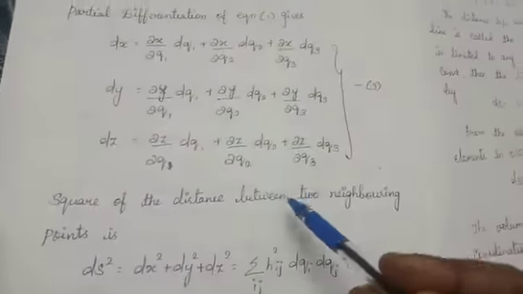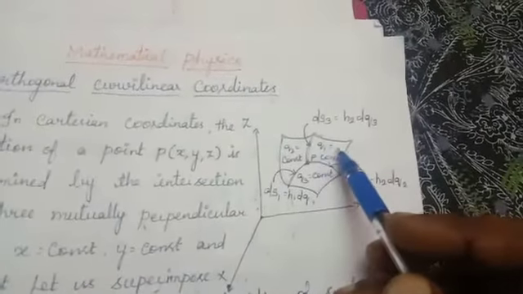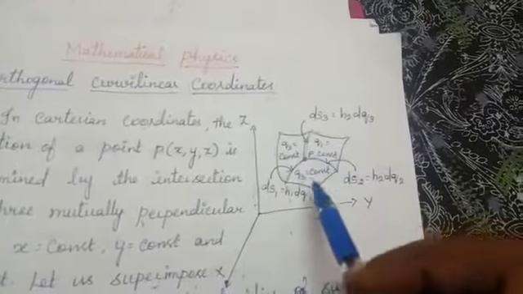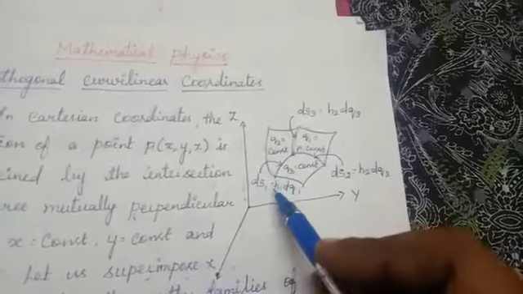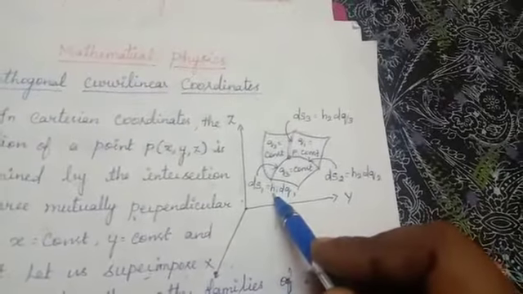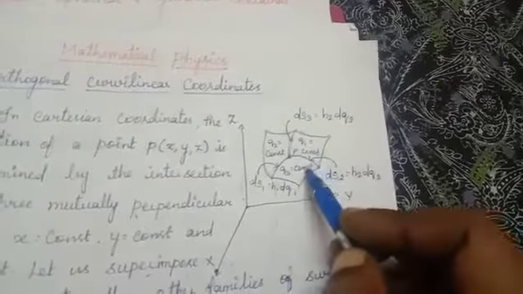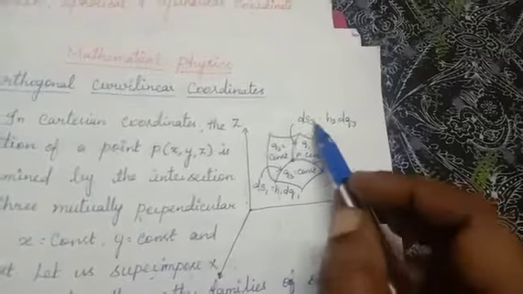Consider any two points on a q1, q2 or q3 system. Here it is the q1 system, q1 equal to constant. Here the curve element ds1 is h1 into dq1, ds2 equal to h2 into dq2, and ds3 equal to h3 into dq3.